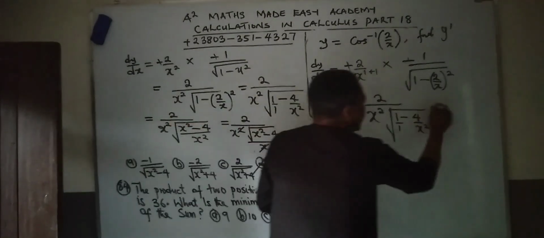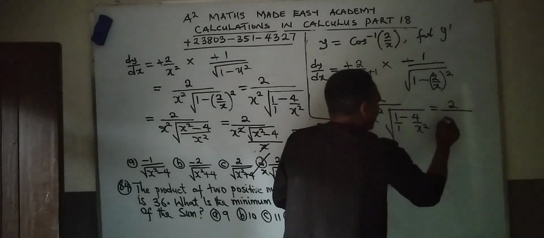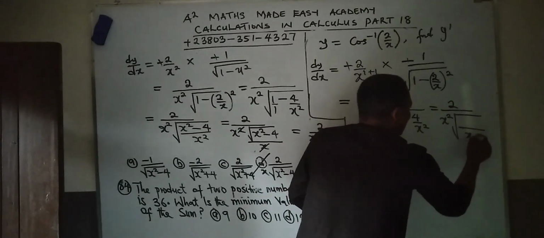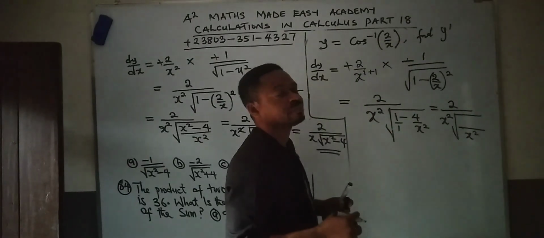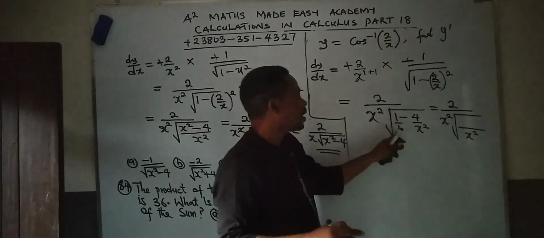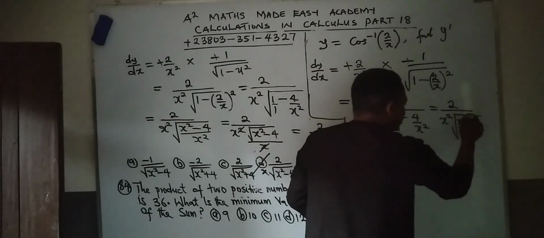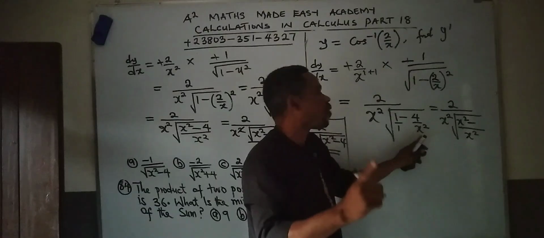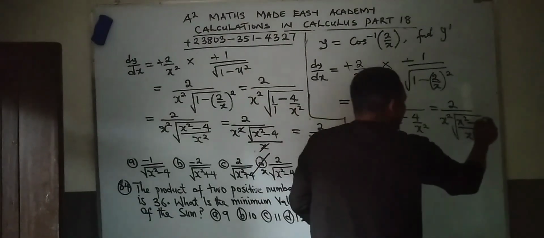Then if we continue, we have 2, then all over what? x squared. The square root of the LCM is x squared. x squared divided by x squared is 1, and 1 times 4 will give you 4.